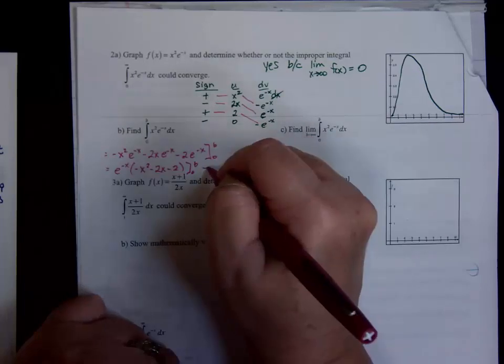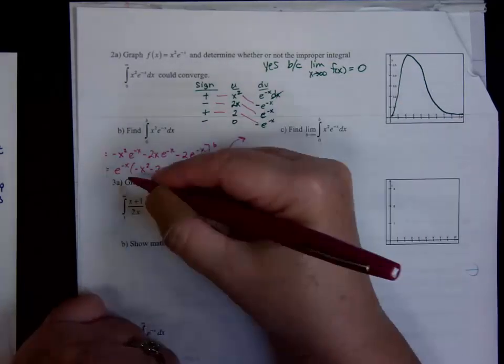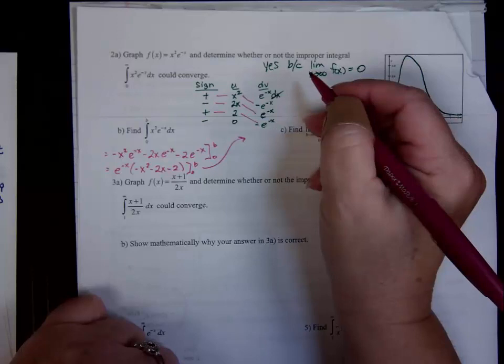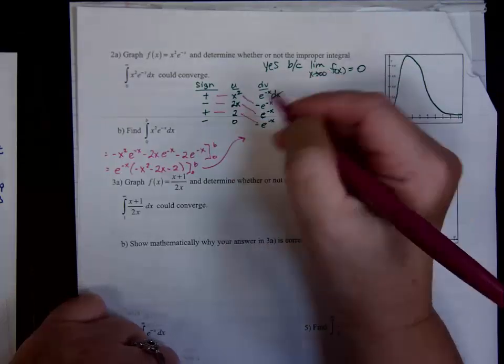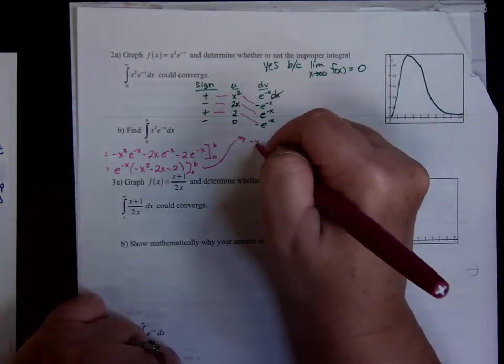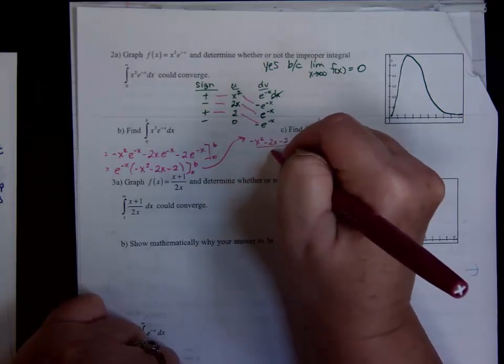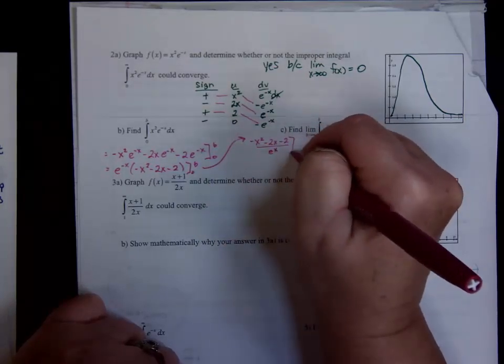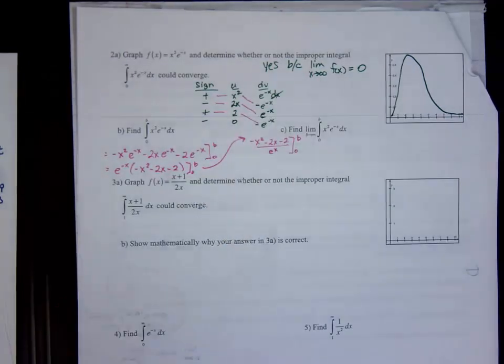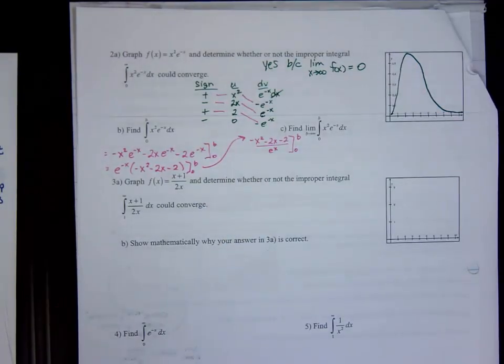And anything with a negative exponent goes where? Underneath. So this will be negative x squared minus 2x minus 2 over e to the x from 0 to b. Now I'm going to run into letter c, and that's okay. I'll have enough room to do it as well.